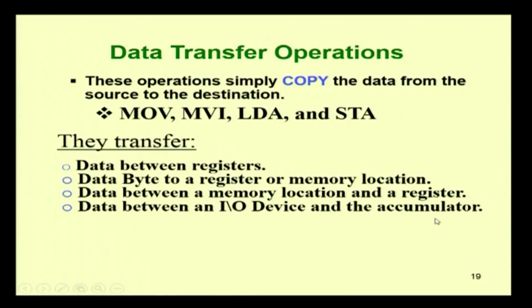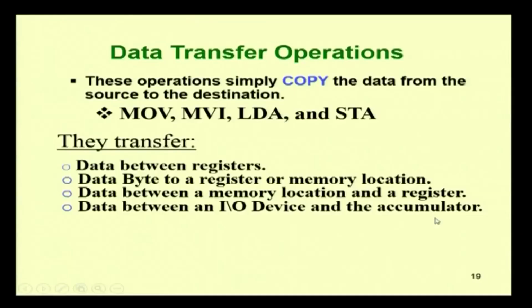You can transfer data from one register to another register, from a memory location to a register, from a register to a memory location, and you can also transfer data to an input output device. To transfer data to an input output device, you can transfer it only from the accumulator, not from any other register or memory. Input output data transfer can take place only between the accumulator and the input output port.